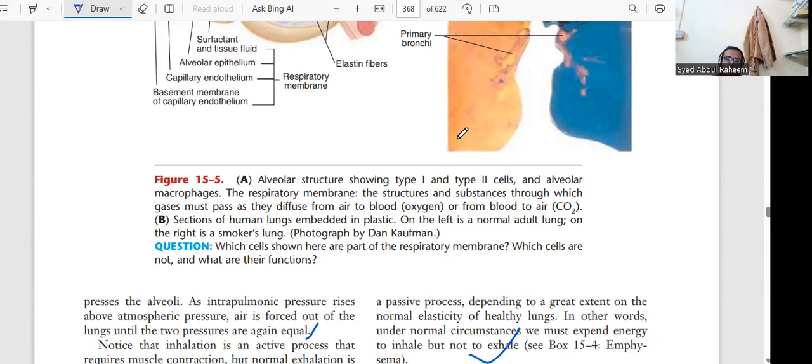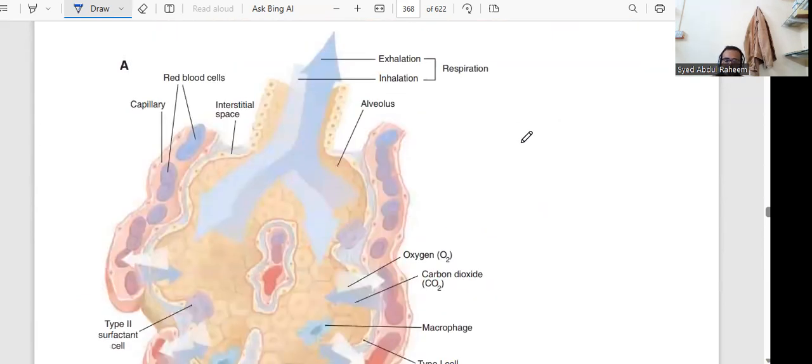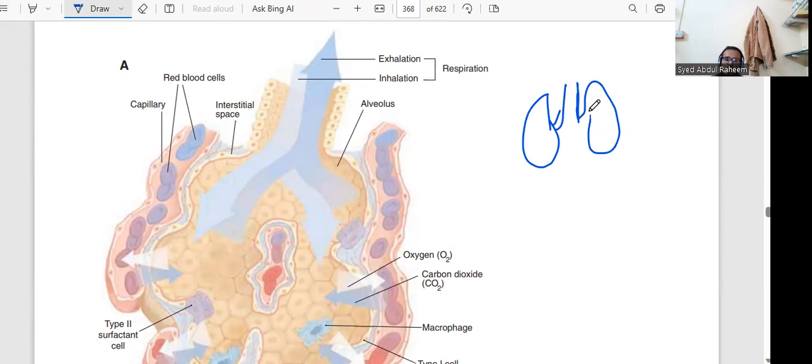Likewise, this is the lungs, and this is the covering. This is the pleura, visceral pleura and parietal pleura.